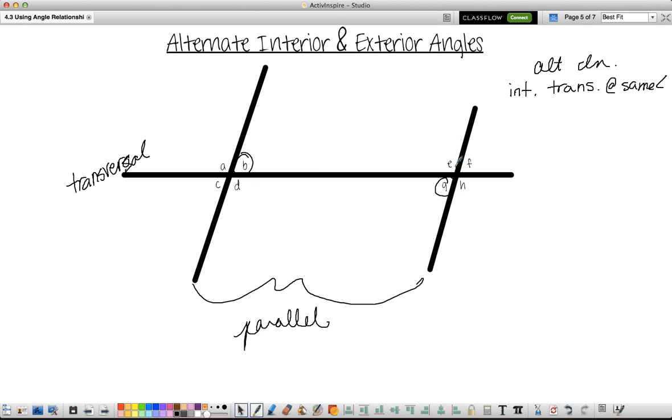So since this line intersects and makes this angle and they're parallel, then this angle also has to be the same. A and B are supplementary, so I know A plus B has to give me 180 degrees. I also know that E plus G has to give me 180 degrees.